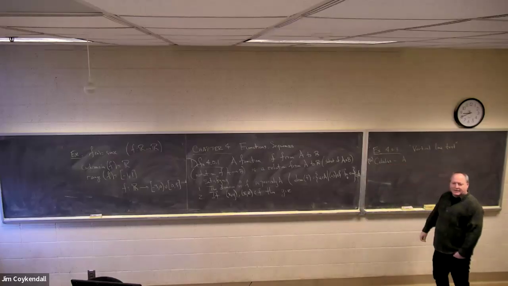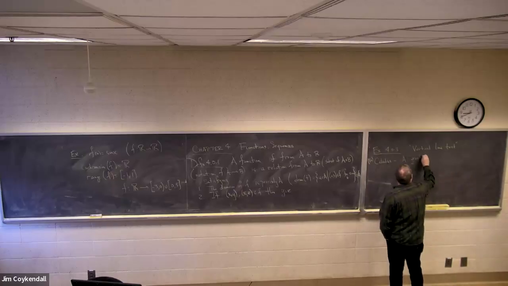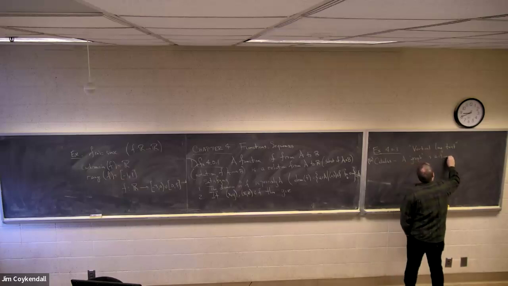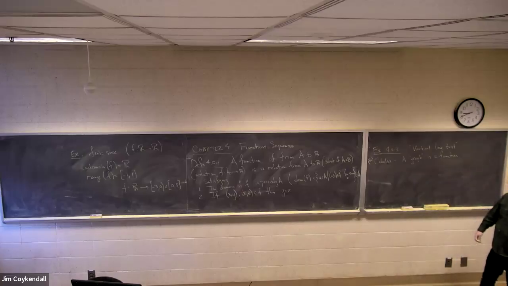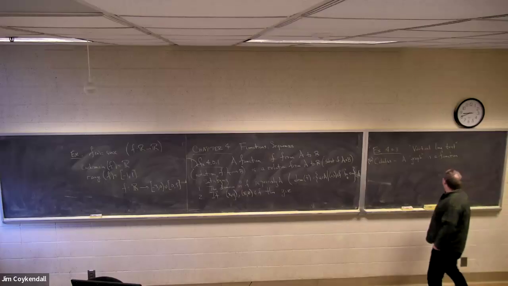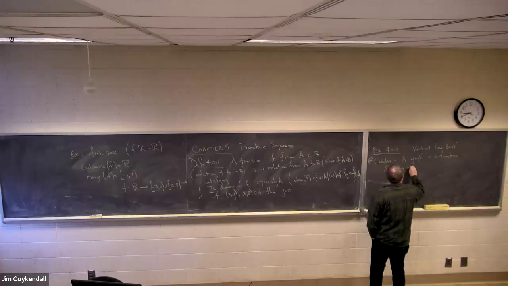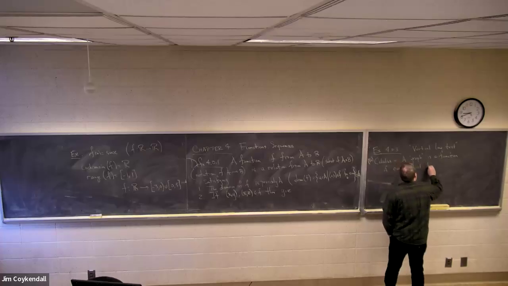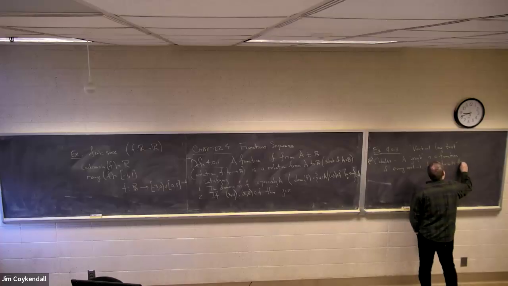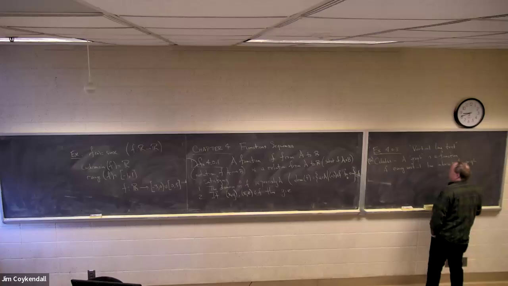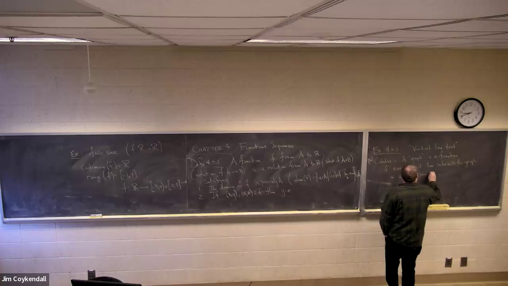Well, in fact, what do they even say? A graph is a function. I don't know, does anybody remember, what do they say? A graph or a curve is a function if every vertical line intersects the graph in at most one point.